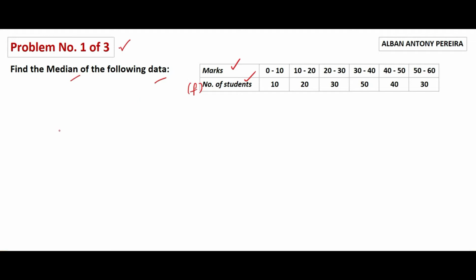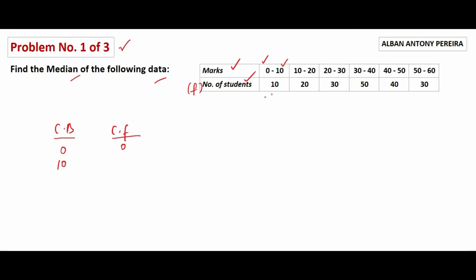First we'll write class boundary, CB. Next one is cumulative frequency. So class boundary will start from 0. Okay, 0 to 10 is the class interval. We'll start from the previous class interval, and it will be 0. Cumulative frequency will also be 0. Next class boundary is 10.